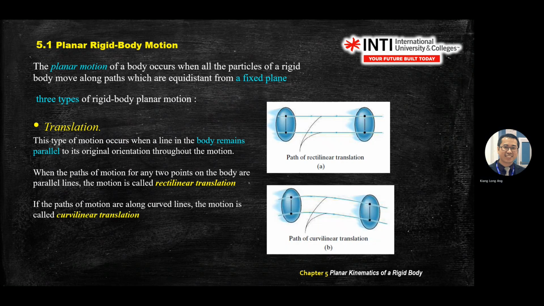Another one you learned in chapter 1 also is curvilinear motion. But now with the rigid body, you will see the whole body moving on the curve by looking at the 2 reference points on the body. In chapters 1, 2, 3, 4, you look at only 1 point. But when you come into rigid body, you look at the whole object. Later we'll focus on the CG point, center of gravity.